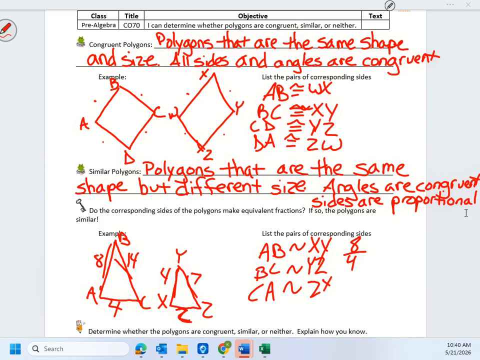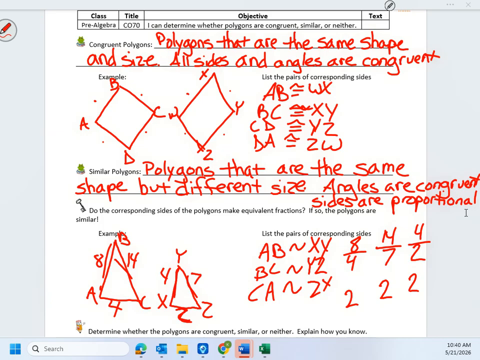I can take BC, put it over YZ, and take CA and put it over ZX. When I divide them down, I get the same number. This is key to how to determine if polygons are proportionate.